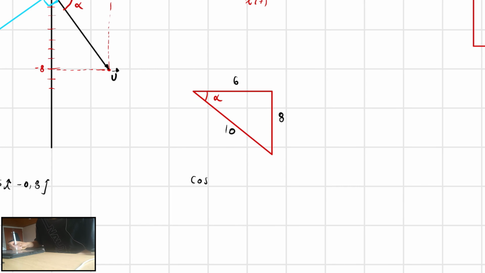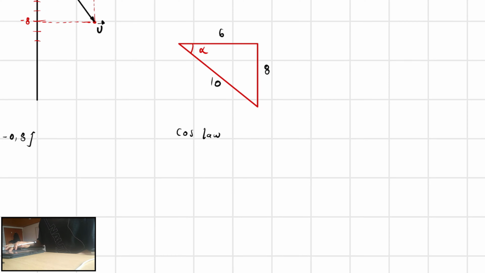For those of you who do not remember how to develop the cosine law, I'm going to refresh your memory. The first thing that you have to know is that you should use the magnitude opposite to the angle that you want to find. In this case, it's 8. And from there, you're going to construct the equation.